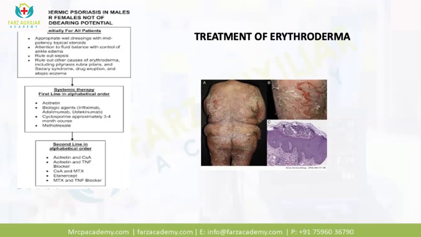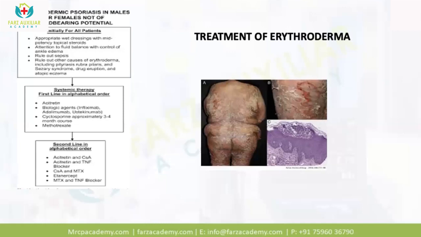Among the systemic therapy, first-line therapy includes acitretin, biologics like infliximab, adalimumab, ustekinumab, cyclosporin, which also works wonders, and methotrexate. Among the second-line drugs, again acitretin, cyclosporin, TNF blockers, and methotrexate can be used.